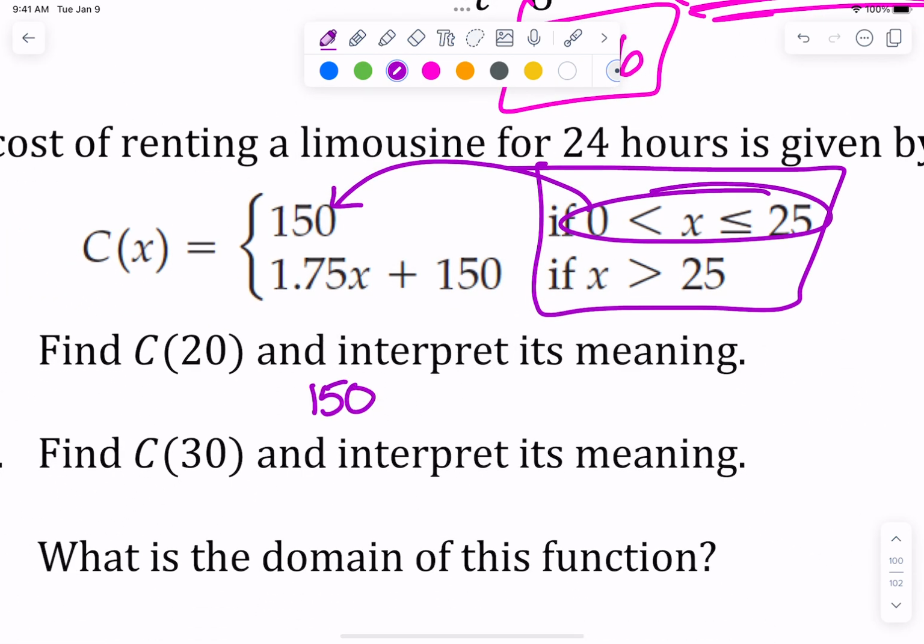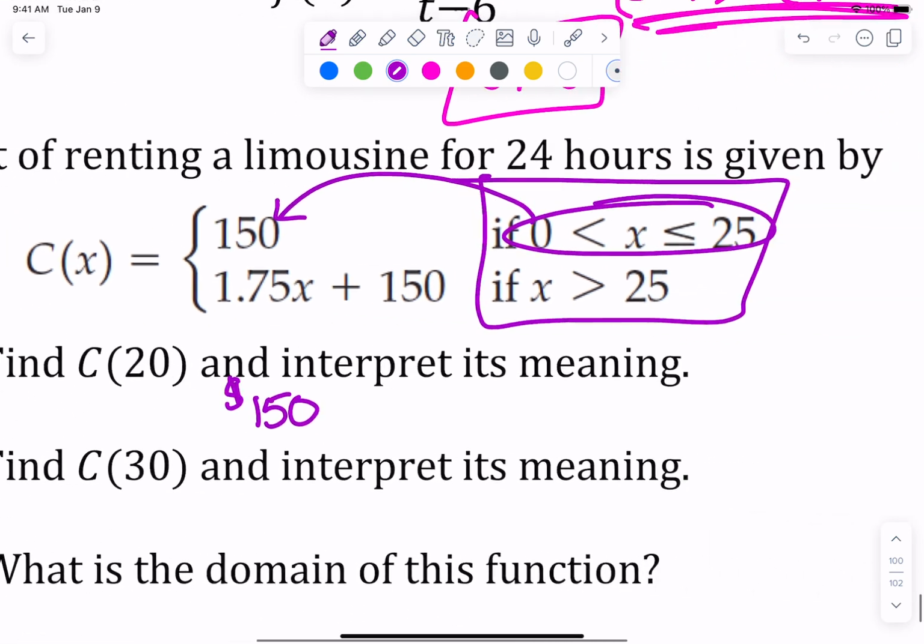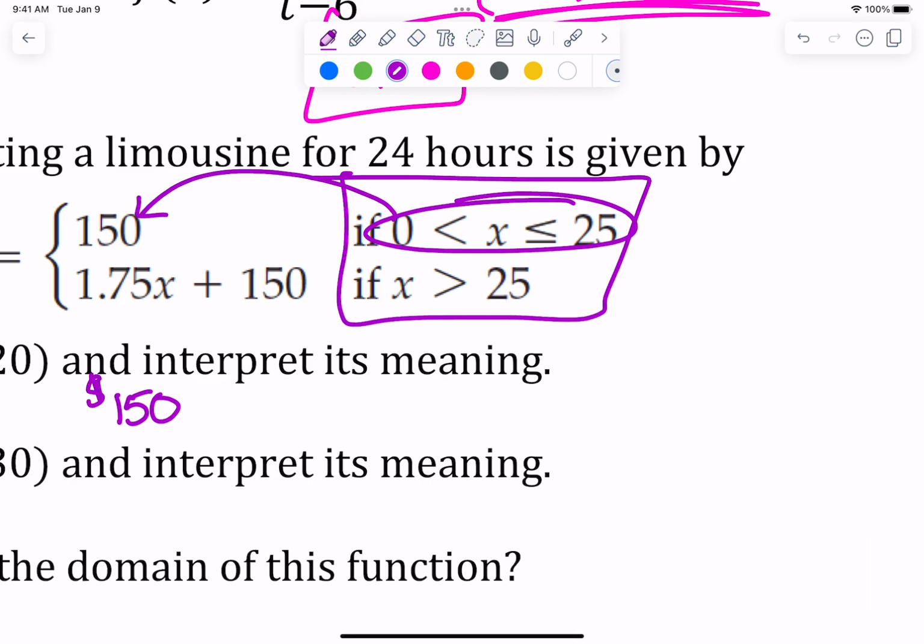By the way, let's figure out what this stuff means. This should be the cost of renting a limousine for X number of hours, not necessarily just 24 hours, because we can rent it for more than 25, is what this says. If we rent it for less than 25 hours, we're paying 150 bucks no matter what.